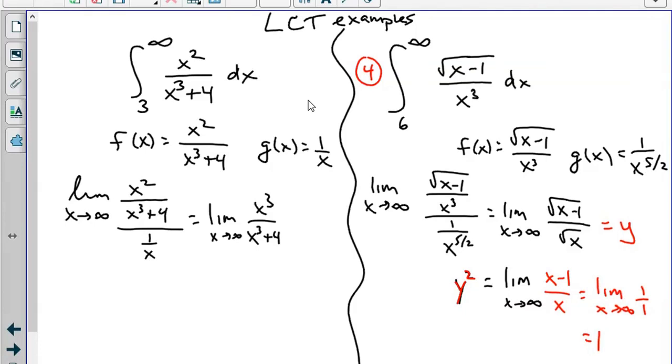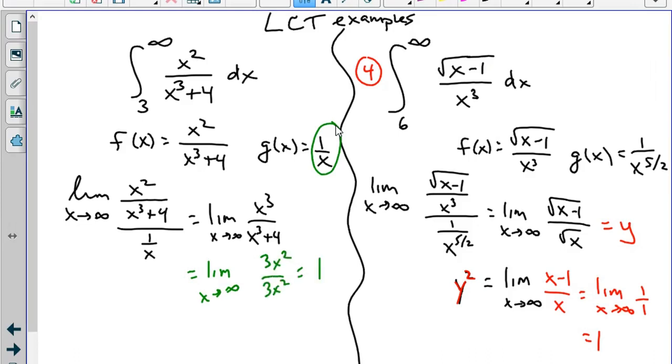Couple of really quick limit comparison test examples as we close. If we take the integral from 3 to infinity of x squared over x cubed plus 4, what I can think about is, because of the powers, if I divided them, I can think about 1 over x as being a good comparison. So if I did the limit comparison with this, when I use the rules of fractions, I get x cubed over x cubed plus 4, and I do some L'Hopital's rule, limit as x approaches infinity, I get 3x squared over 3x squared.